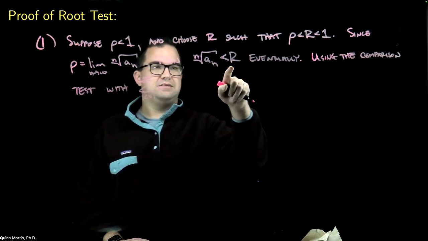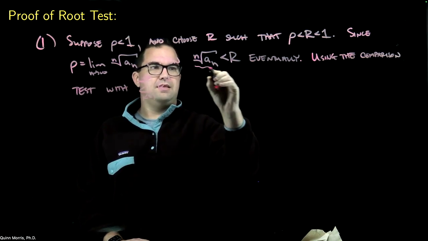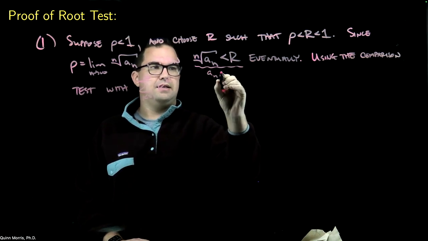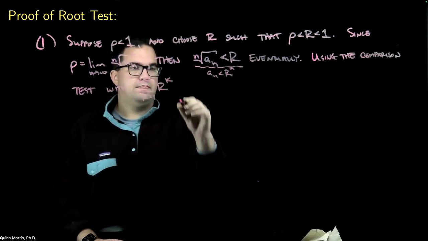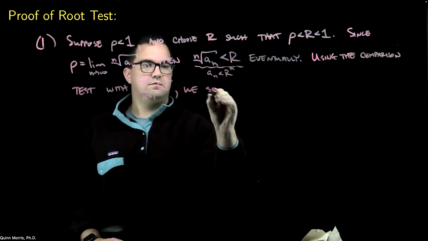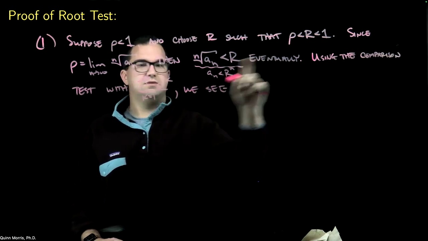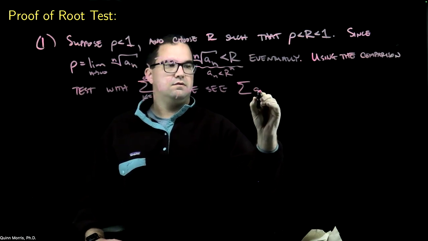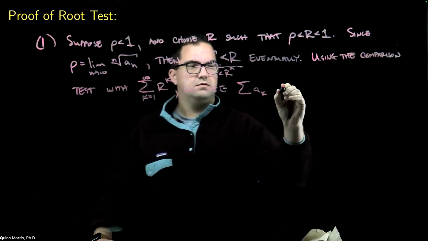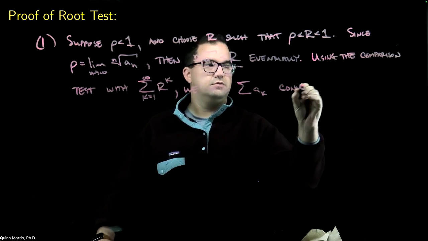And if we look at this, this really says, if I were to rewrite this, a sub n is less than R to the n. Okay. So since this converges by the comparison test, this must also converge.